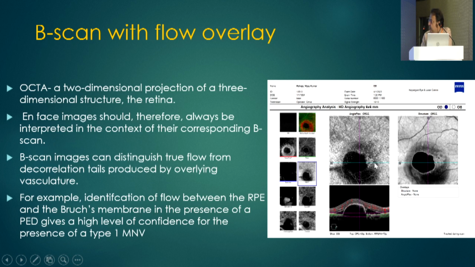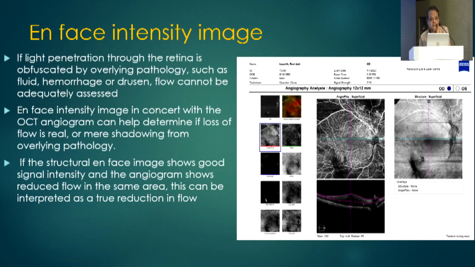Then once you bring this line, you will get a simultaneous B-scan picture, and these red dots will show that there is high perfusion in this area, suggestive that these are not artifacts. Actually, these are abnormal vessels which you have to treat over a period of time.